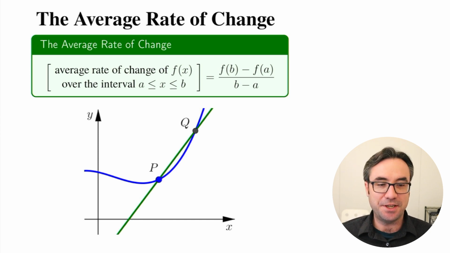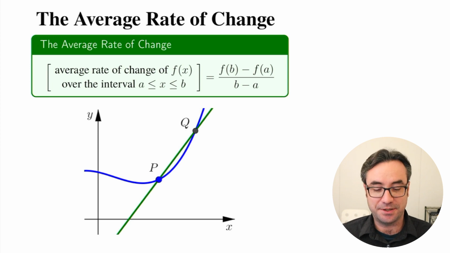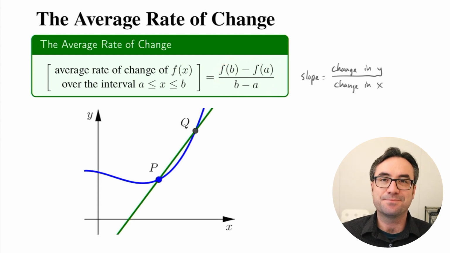So this is just the change in y over change in x, essentially. And this slope formula describes how fast the output of our function changes as our input changes as well.